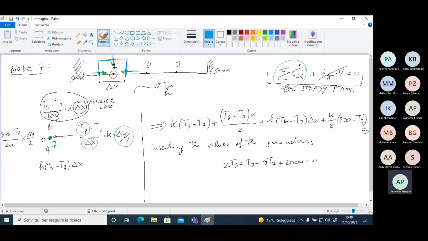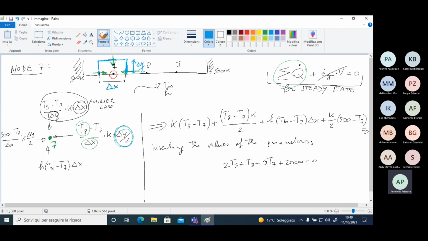So I have to write the energy balance for this small volume, but as I mentioned, delta x in one direction, and this one is delta y divided by 2. So this one is nothing else, this area normal to the direction of this heat transfer rate.